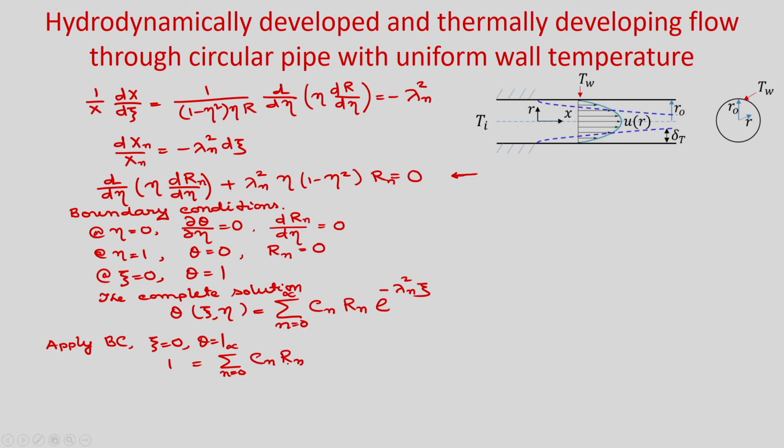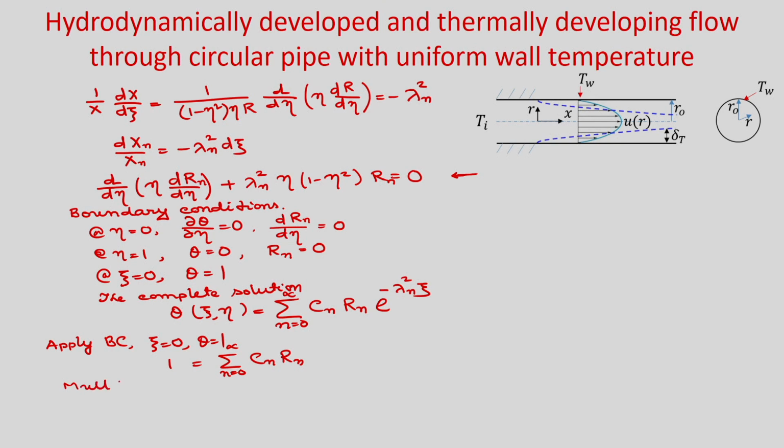So, what will we do now? We will use the orthogonality condition to find this constant C n. So, we will multiply both sides with R n into the weighting function, in this case eta into 1 minus eta square, and we will integrate from 0 to 1.